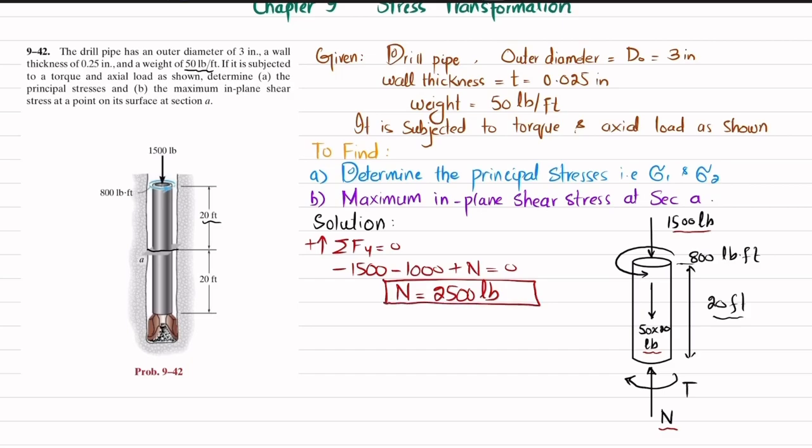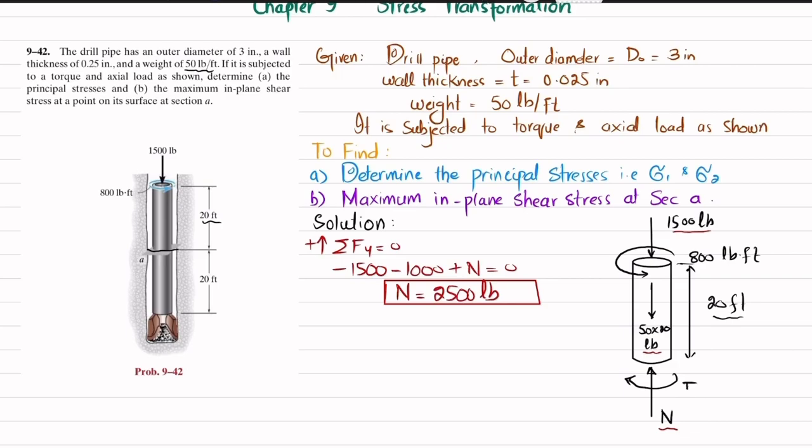Now we'll find this resultant reaction torque. For that I will apply the equation of sum of all moments. This is the torque which is 800 pound into feet. There is no other torque, and this reaction torque is opposite to that.